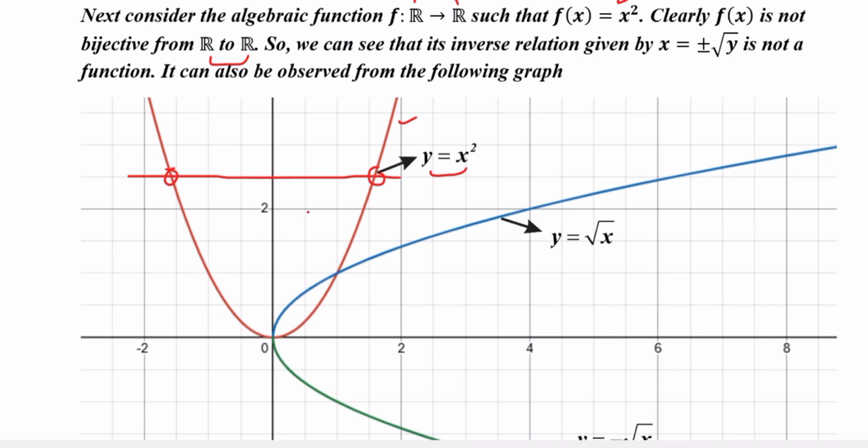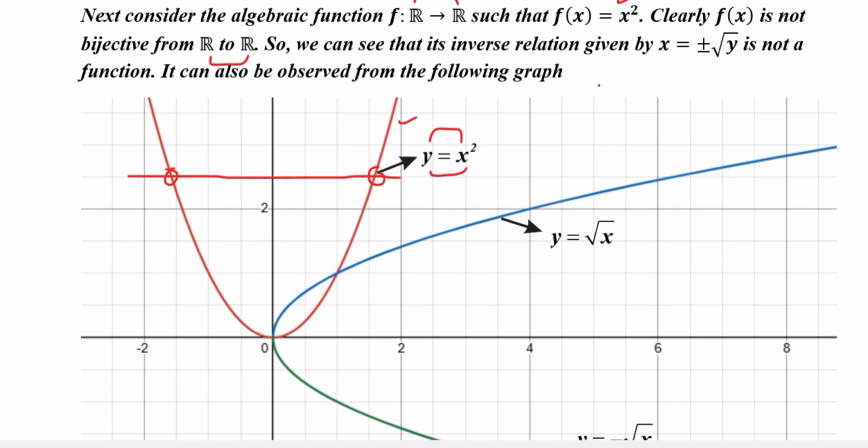We say that if every horizontal line cuts the graph at exactly 1 point, then that graph represents the graph of a bijective function. It means y is equal to x squared does not represent a bijective function, and consequently its inverse relation is not a function.